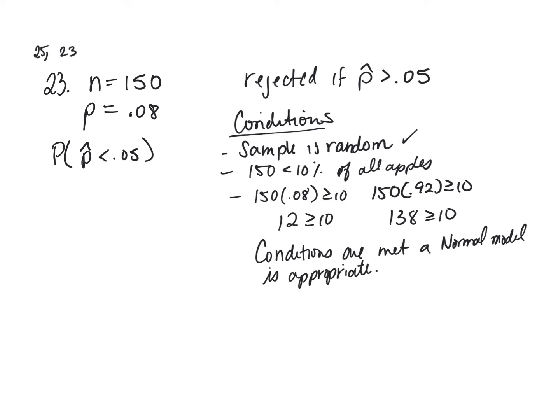Okay, so my normal model has a mean of 0.08 and a standard deviation of the square root of 0.08 times 0.92 over 150. Right? The square root of PQ over N is our standard deviation calculation, and that gives me 0.038.